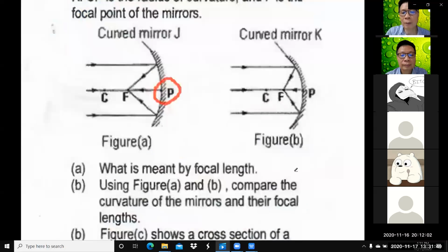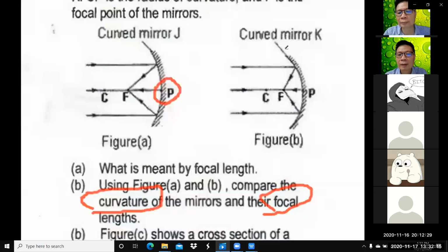Using figure AB, compare the curvature of the mirrors and their focal length. Curvature, what is the meaning of curvature? Okay, like this, you can say this one curves less, this one curves more. So the answer should be, the more the mirror curves, everybody write the answer.